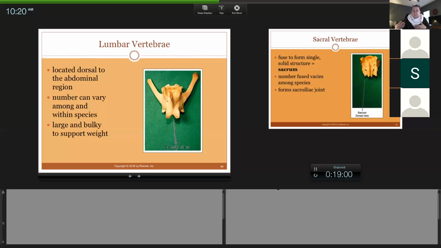But when you get to the abdomen, there are intestines, stomach, bladder, and if an animal's a little overweight, they're going to support that. That's why people with back problems are told, you need to lose weight, because your lumbar vertebrae are supporting your abdomen. So that's why the lumbar vertebrae are structured this way.